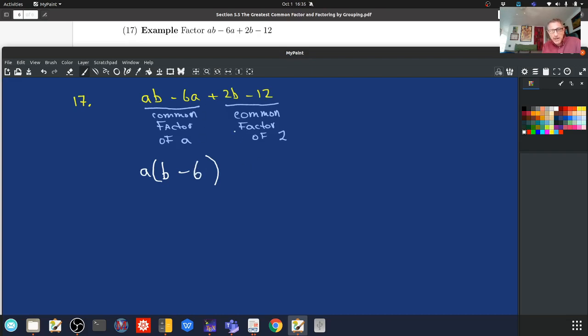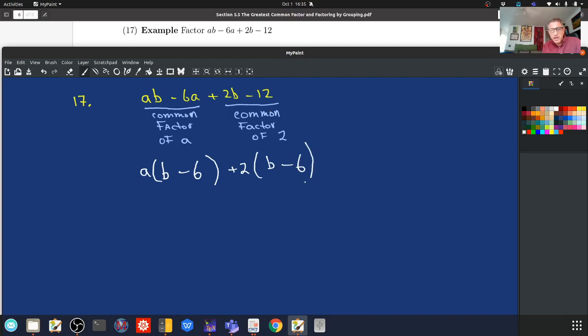Over here I factor out a plus 2. So I write a plus there. 2b divided by 2 leaves a b. Minus 12 divided by plus 2 is minus 6.